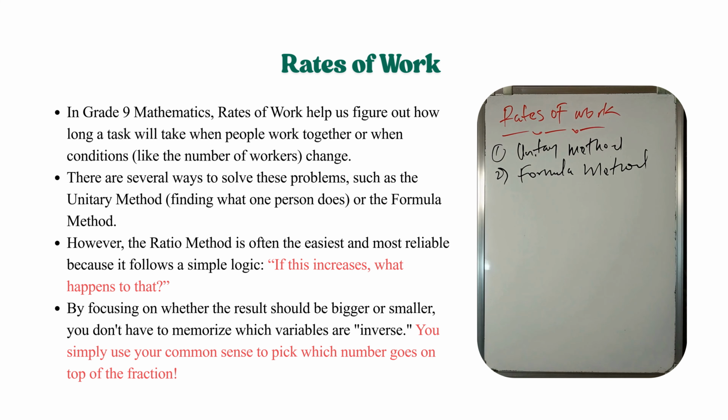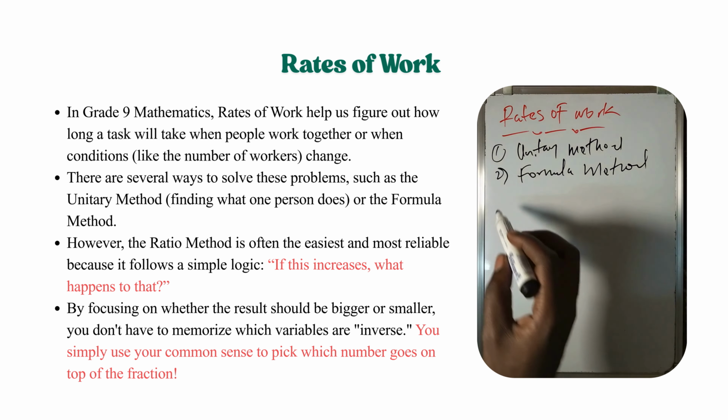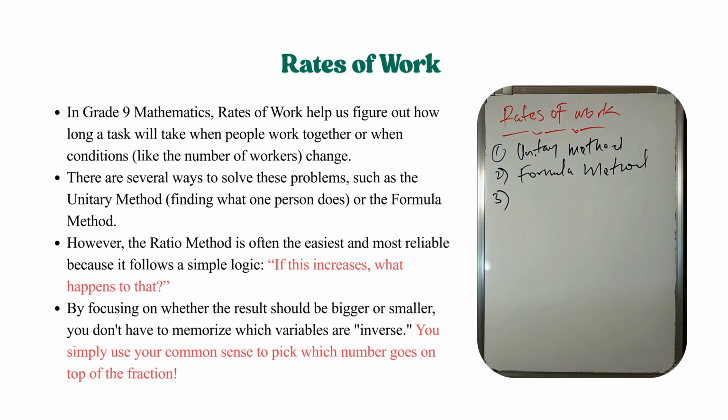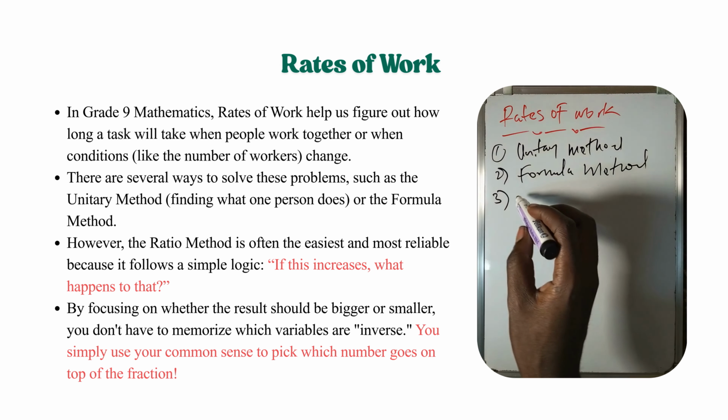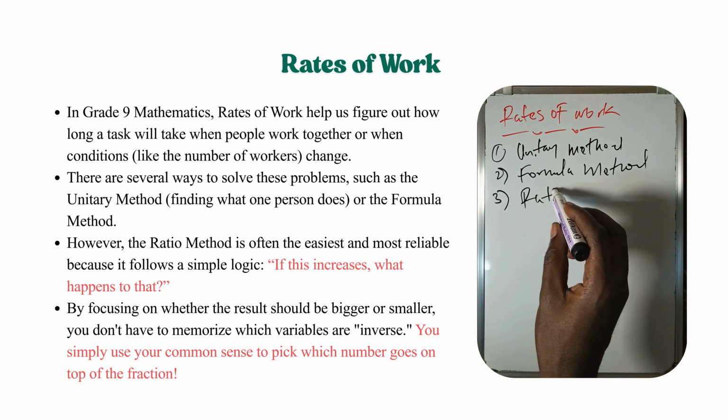However, to make maths more interesting, it's good just to use common sense when calculating rates of work. Only the ratio method can help us to use common sense. I would like us to focus more on the ratio method.